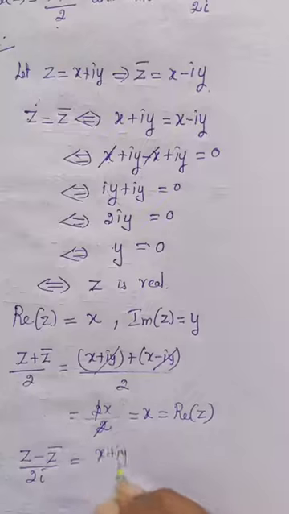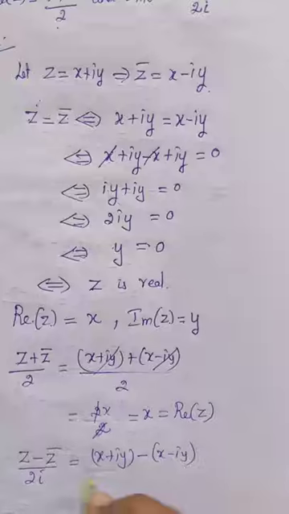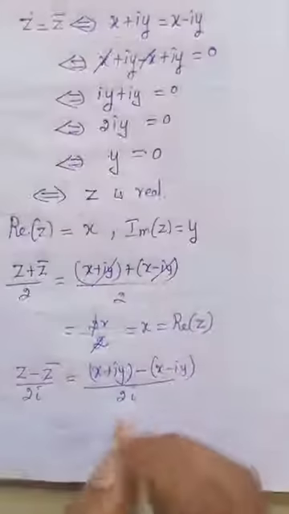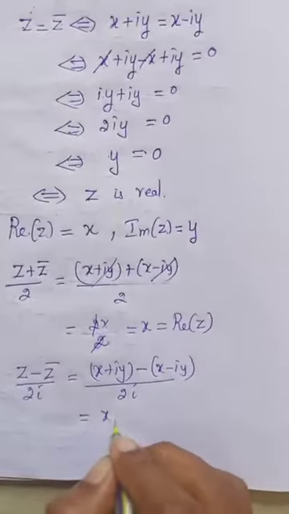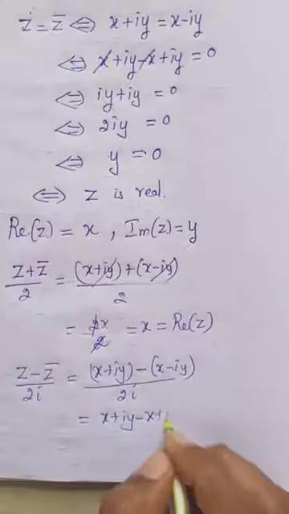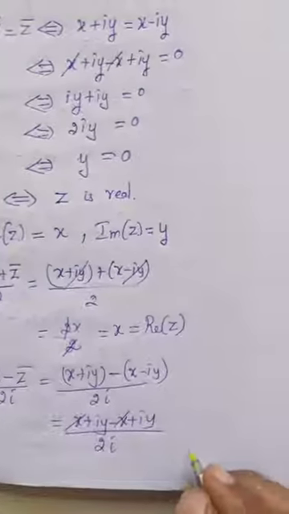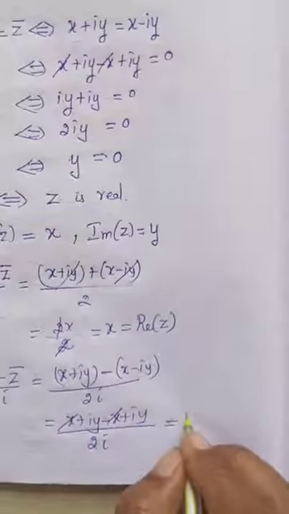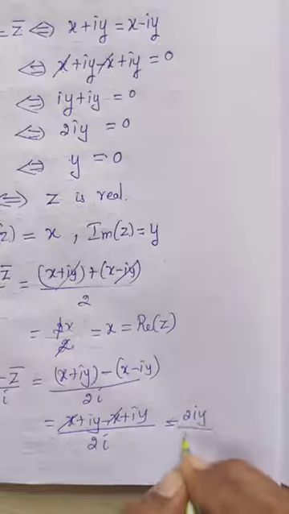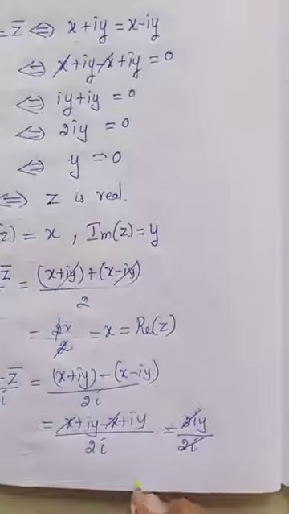x plus iy minus x minus iy divided by 2i. So that is x plus iy, give the minus inside, minus x plus iy divided by 2i. Plus x and minus x will get cancelled. iy plus iy, 2iy divided by 2i. 2i and 2i will get cancelled.